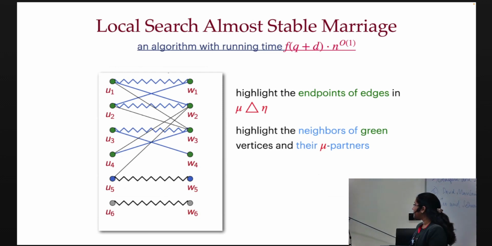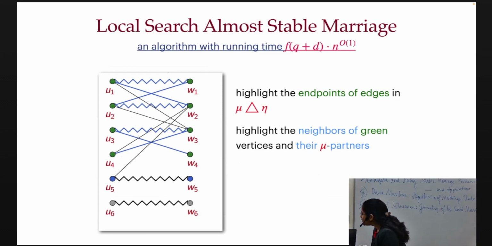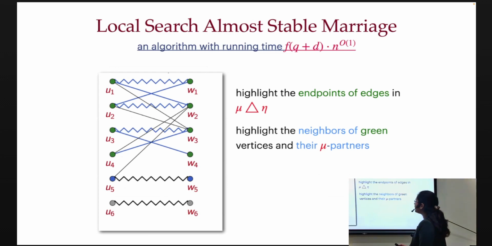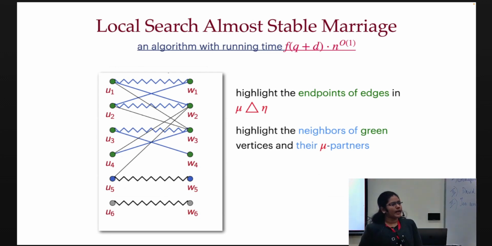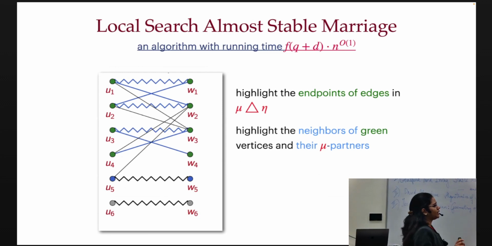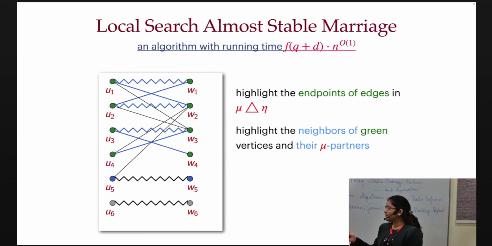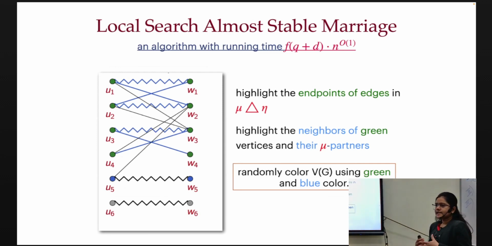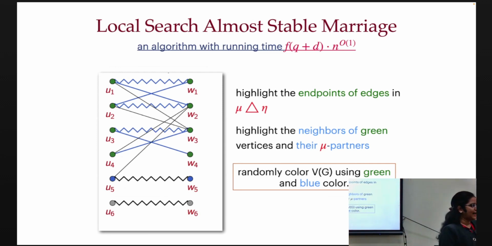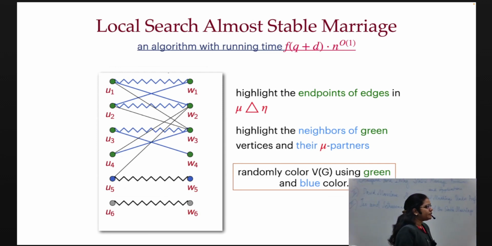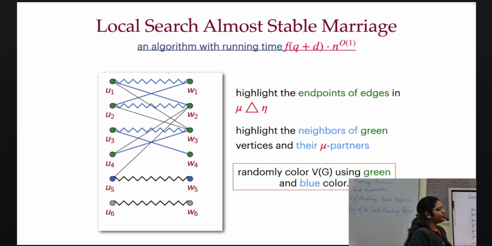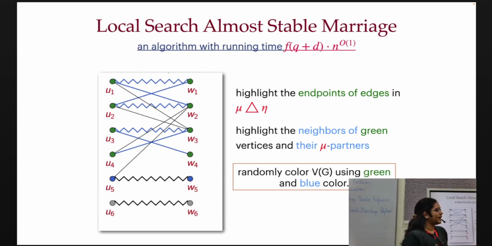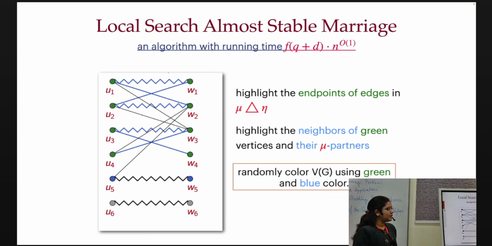And what are their neighbors? U5 and W5. So I color U5 and W5 using blue color. These colors are not visible even to me. So this is our goal, that we want to highlight. But what does that mean mathematically? Because we do not know the symmetric difference. That is what we want to achieve.